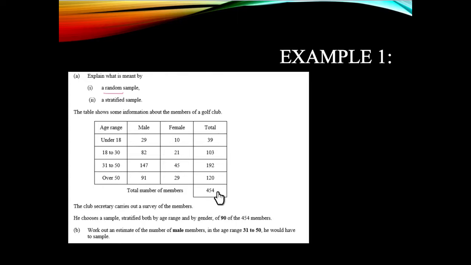In this case, our population is limited to the number of members at a golf club, and it says the total number of members is 454. A random sample is that if we had these 454 people, let's say we gave them all a number, and we put that number into a hat, and we mix them all around, a bit like the National Lottery really, where we pick them out at random.